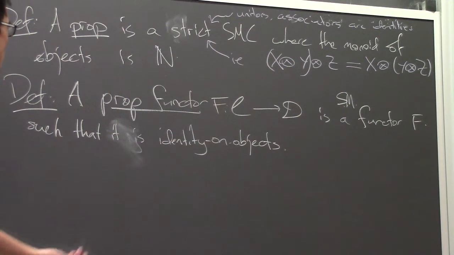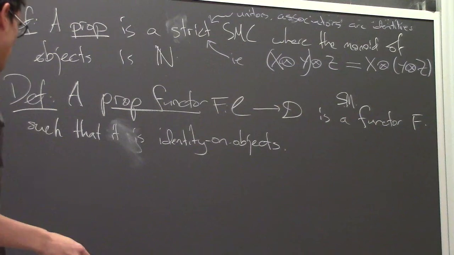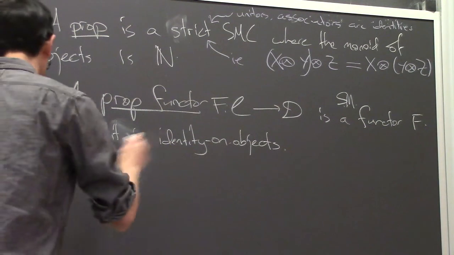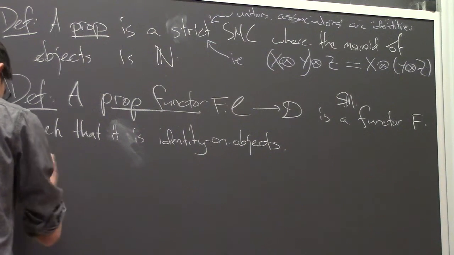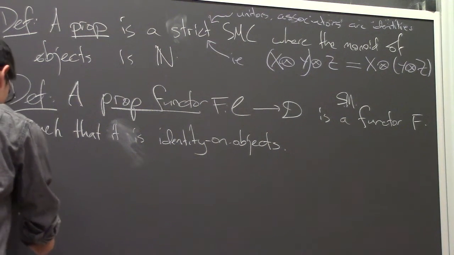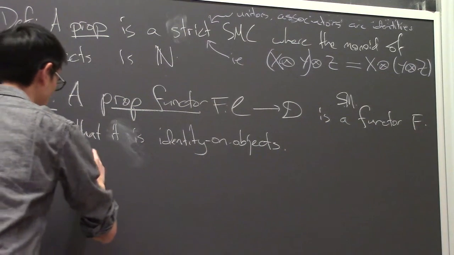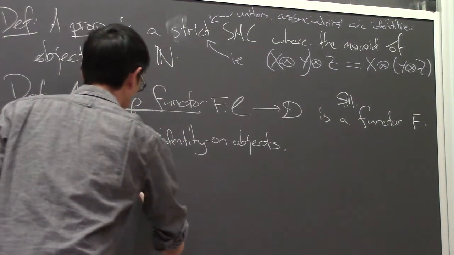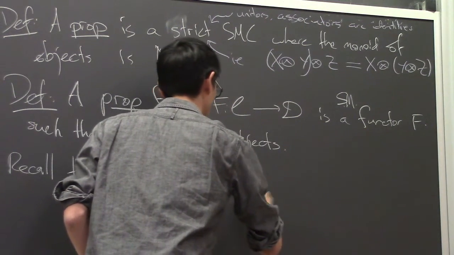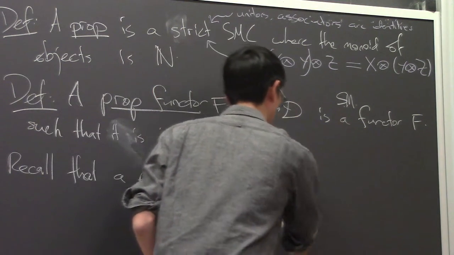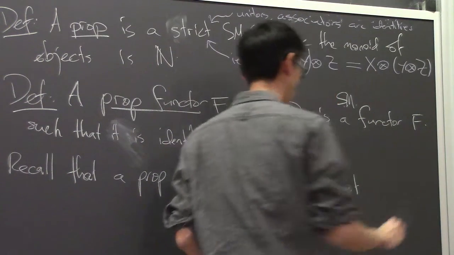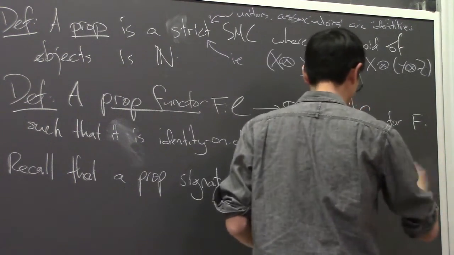Okay, so another definition we should recall is that a prop signature, which we talked about briefly last week, is a set of sort of things.